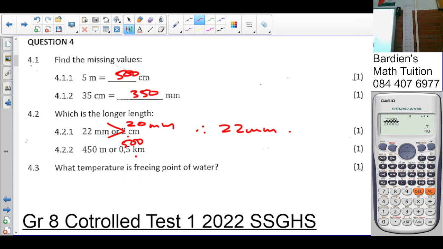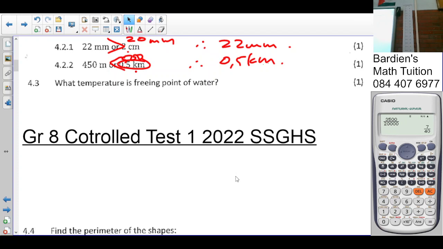So which one is greater? So therefore 0.5 kilometers is larger. What you should also notice is that I answer the question in terms of what was given. Can you see it? The kilometers was given and I answered it in kilometers. Okay. If you write it as 500 meters, we'll give you the mark, but this is the right way of doing it, the 0.5 kilometers.